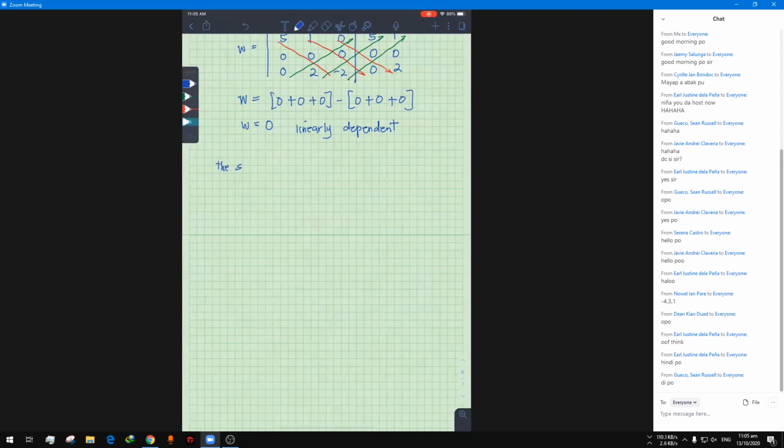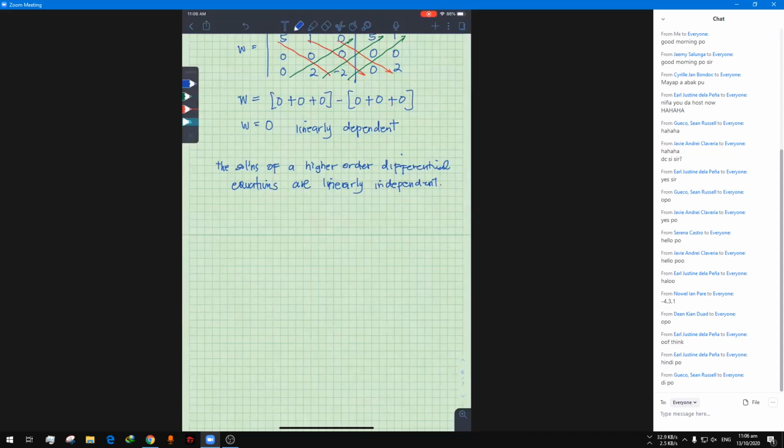The solutions of a higher order differential equation are linearly independent. So para ma-check mo na, for example, tama ba yung sagot mo, you could check their linear independence.